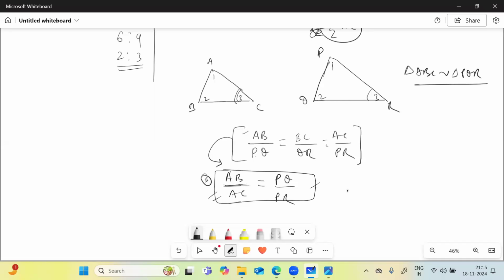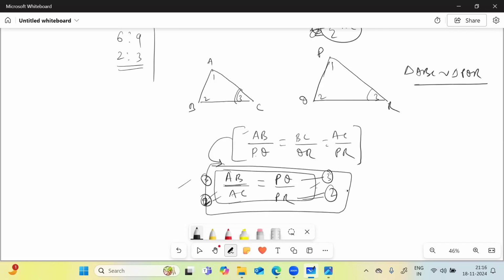AC is the side in front of angle 1. So in the second triangle also, I'll take PQ, which is in front of 3, and PR in front of... look, I made a mistake. I took AB by AC, AB which is angle 3 and AC is in front of 2. No, I didn't make a mistake, but it is in front of 2. So PR should also be the side in front of angle 2. This is how you have to take the ratio so that there will be no confusion.